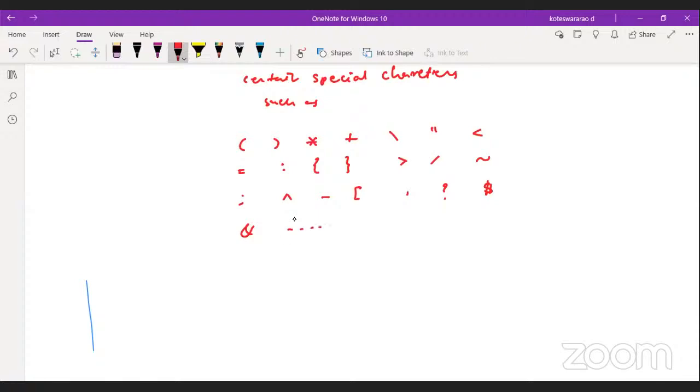Such types of symbols can be used in the C character set.